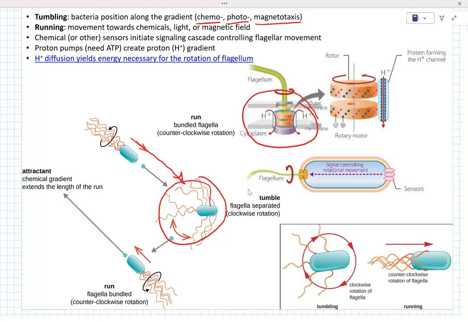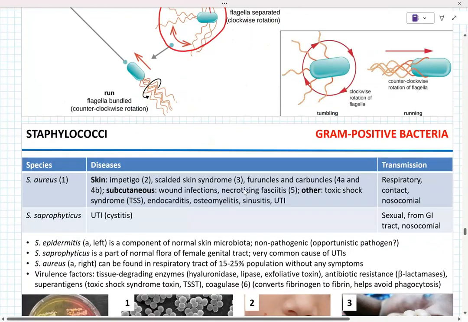If bacteria end up in an environment with suboptimal pH, they may lose the ability to move because of a disturbed concentration gradient. But it's a movement of hydrogen ions, a diffusion of hydrogen ions, very much like in oxidative phosphorylation, that facilitates the movement.